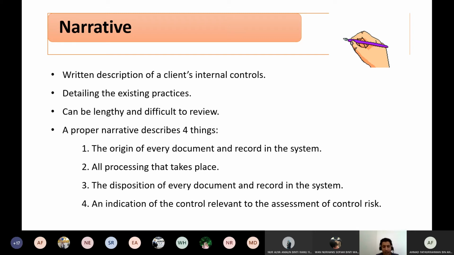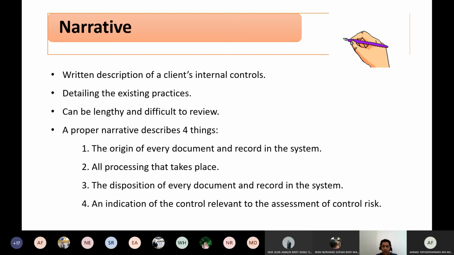Okay, a proper narrative describes four things. Number one is the origin of every document and record in the system. Number two, all processing that takes place. Number three, the disposition of every document and record in the system.